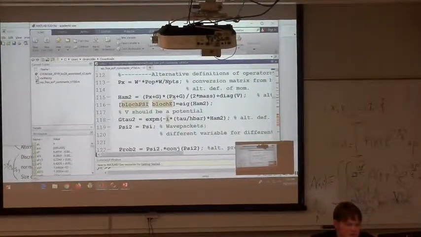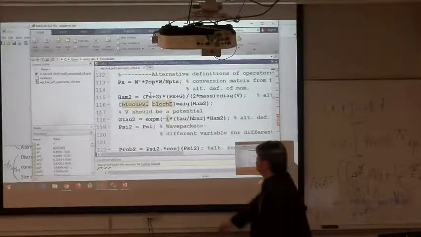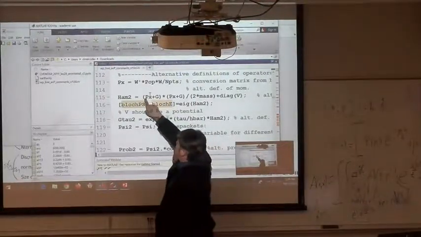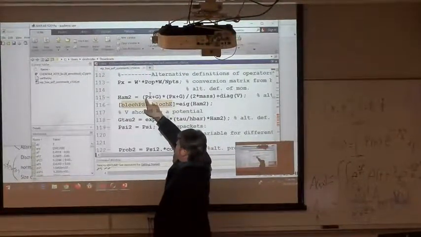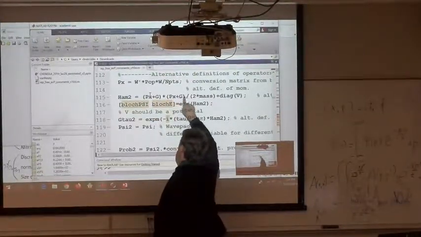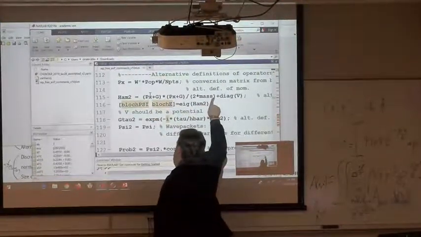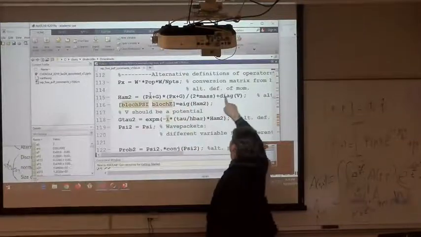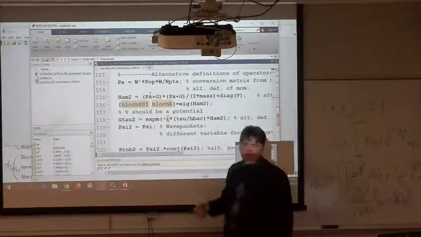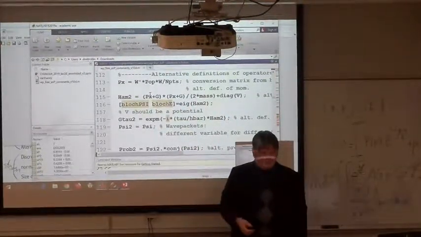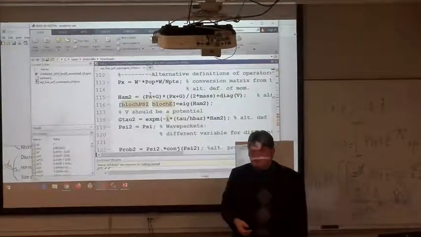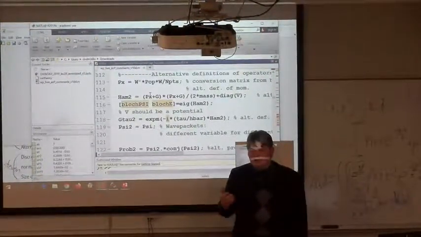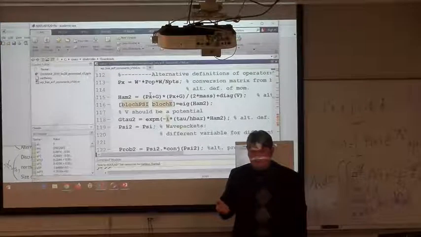G is 0, we can forget it, but it is basically momentum in the X representation times momentum in X representation over 2 mass, which is kinetic energy, and then diagonal of the V operator, which is set to 0 in every application except those 3 that will be represented by Yongu.